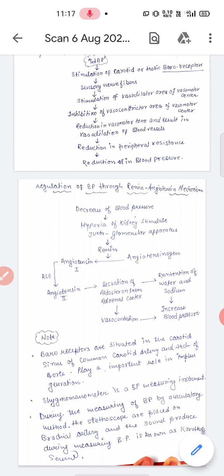Next, the sphygmomanometer is the BP measuring instrument, and you may also remember that during measurement of BP by auscultation, the stethoscope is placed mostly on the brachial artery, and the sound produced during measuring BP is known as Korotkoff sound. Okay, this is all about blood pressure.